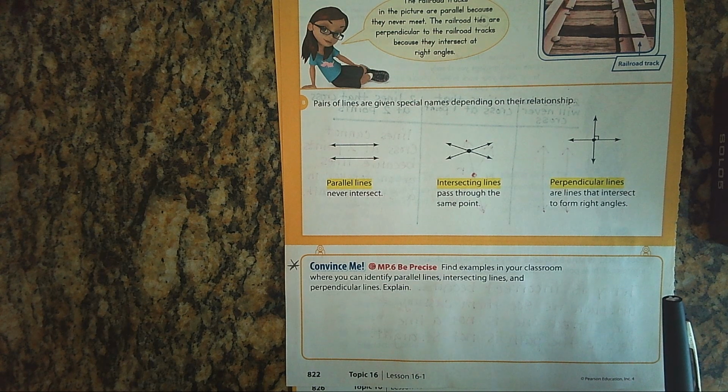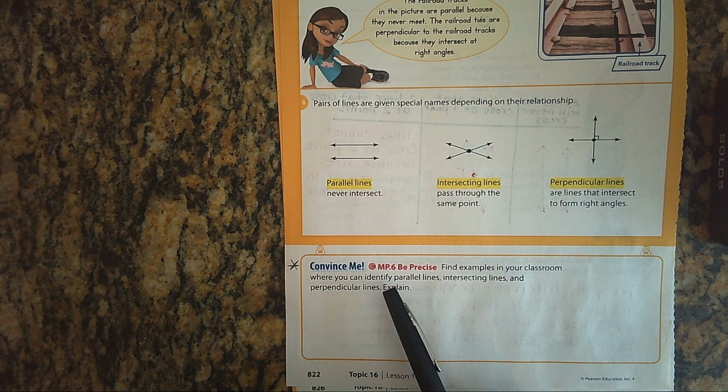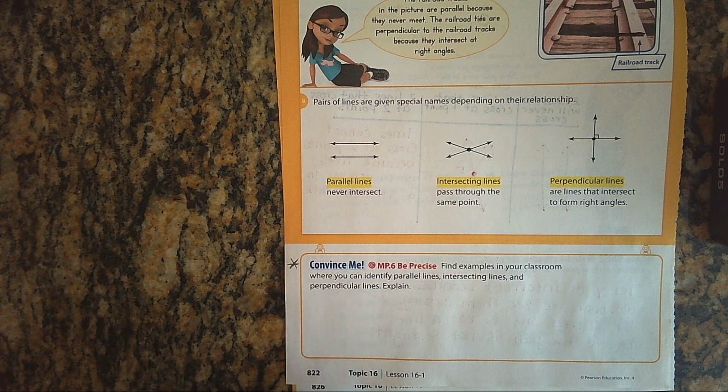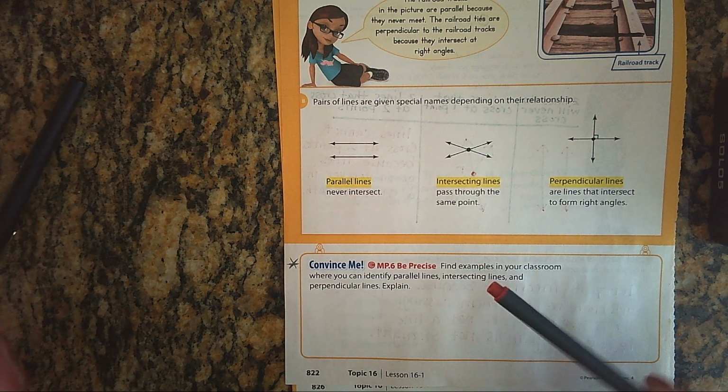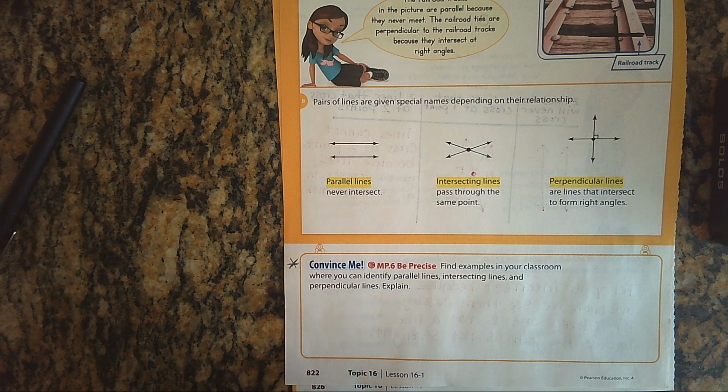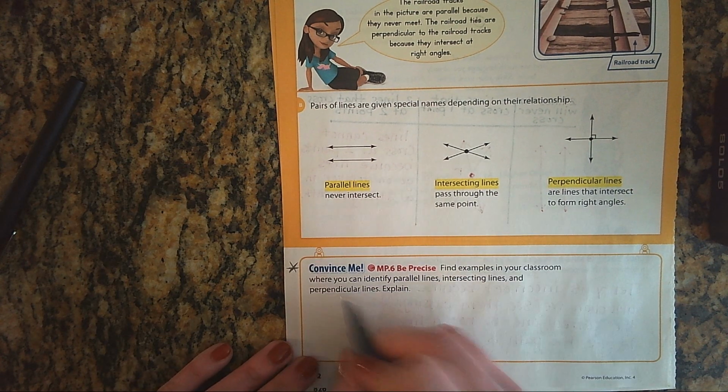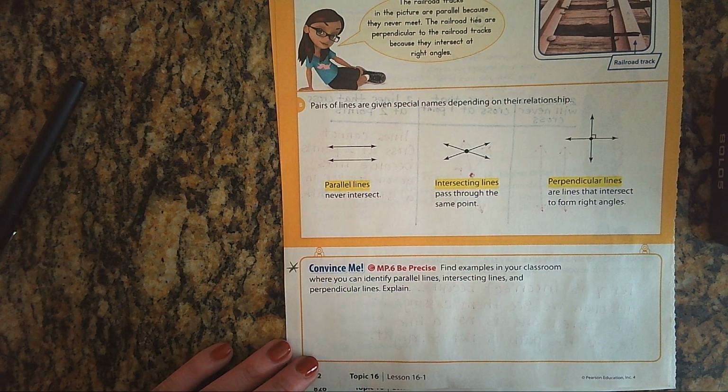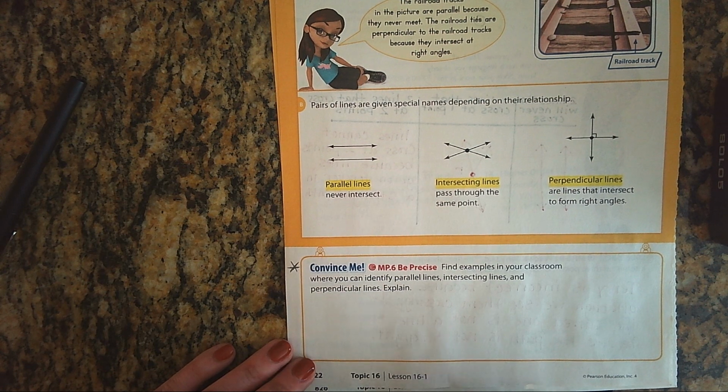So, take inspiration from what's around you. Look for something that has two edges that would never touch. That would be parallel. Look for intersecting lines as two lines that cross each other. And then for perpendicular lines, you can look for square corners.